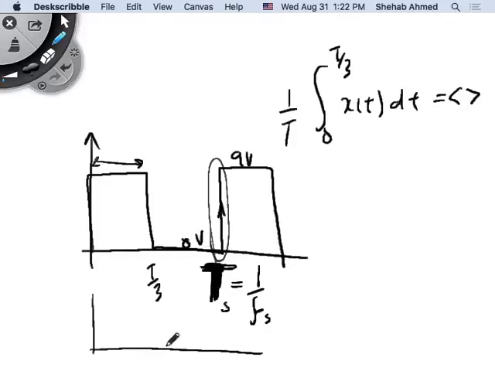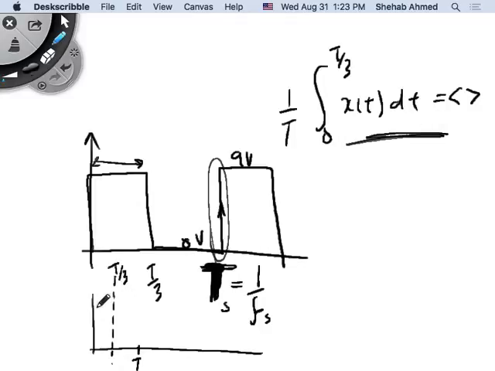I shrink my switching period, Ts, I make it here. This is my T over 3. If I'm able to have the device on from 0 to T over 3, and then 0 from T over 3 to T, then I'm getting the same average value. Do you agree? I will get the same average value because it's the same waveform.